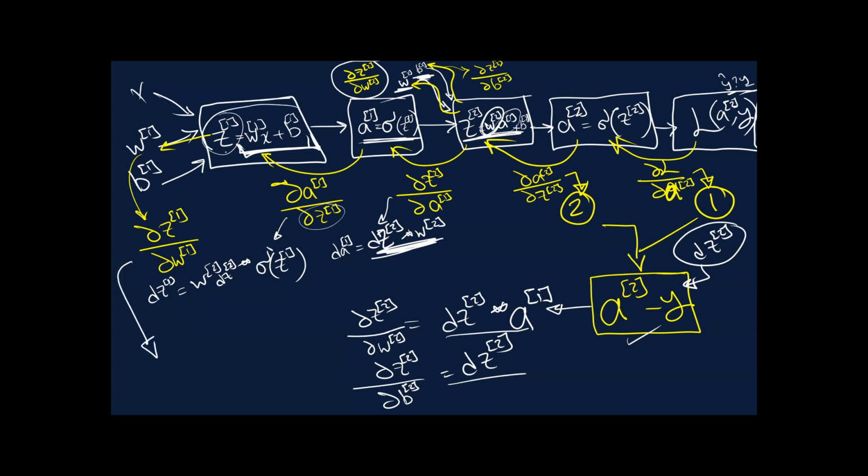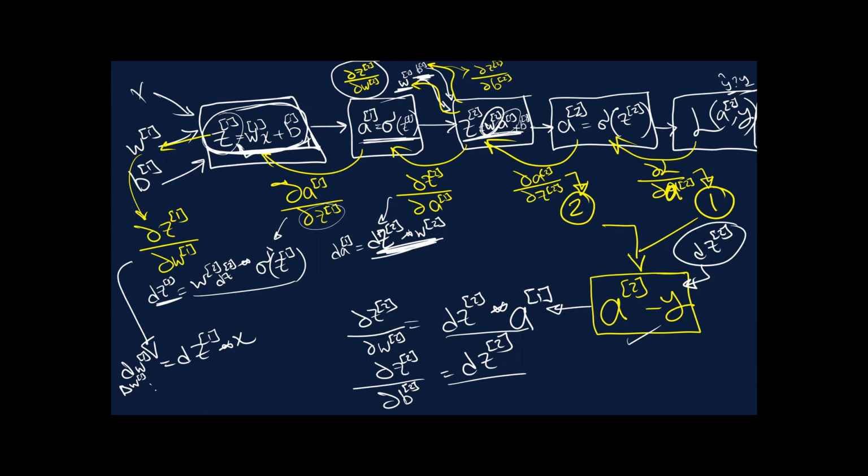So what is the derivative of z1 with respect to w1? What do you think? The derivative of z1 with respect to w1. It will be x, right? So it will be basically taking this whole quantity, dz1, and multiplying it by x. Then you will have dw1, which is the weight update of the first layer.